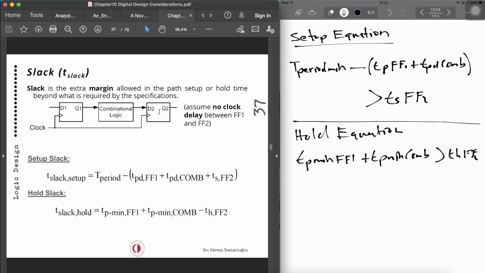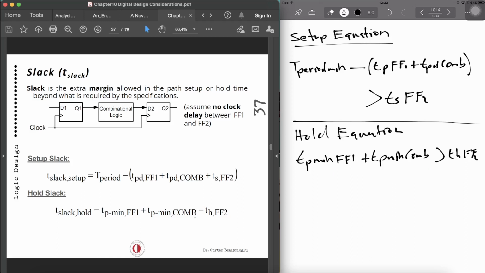How are we going to increase the period over here so that we won't have any violation? And hold is similar. We have the minimum of flip-flop 1, minimum of combinational logic, minus the hold time. This is minus because it has to be ready and it should be stable after the rising edge. Okay, so that's why we have got minus over there.